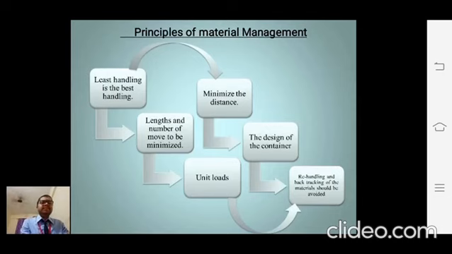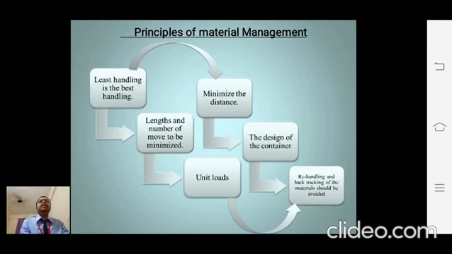What are the principles of material management? Each process and activity should have some rules. The first principle is that least handling is the best handling. This is a basic and very important principle.